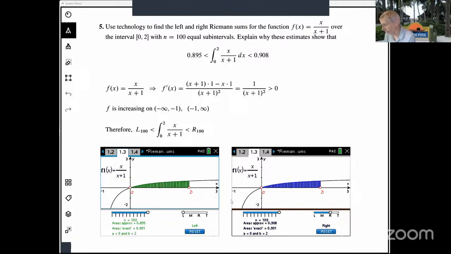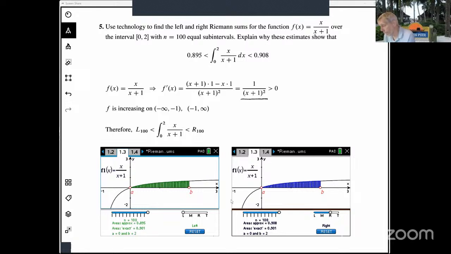Okay, so here's what I did first. I took a look at this function and found its first derivative, and I noticed that the first derivative was always positive. That means the function is always increasing. If that's true, then the left-hand Riemann sum is always less than the right Riemann sum, and the left Riemann sum is less than the definite integral, the actual area, which is less than the right Riemann sum.